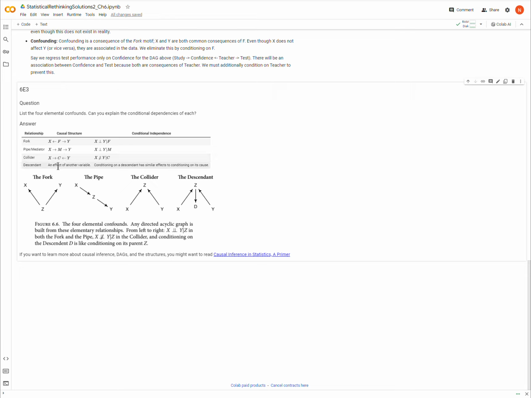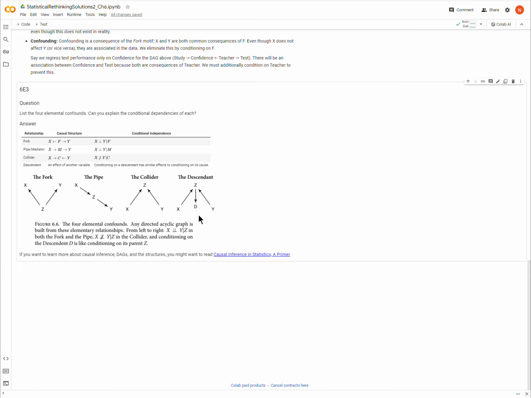And then finally, there's the descendant. The descendant is a little bit amorphous. A descendant is simply the effect of another variable. So here, this is a descendant of a collider. Z is the collider in the depiction here, and then there's this descendant D down here.